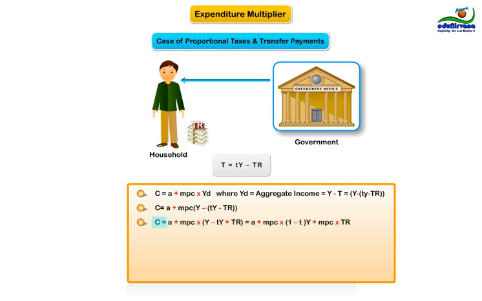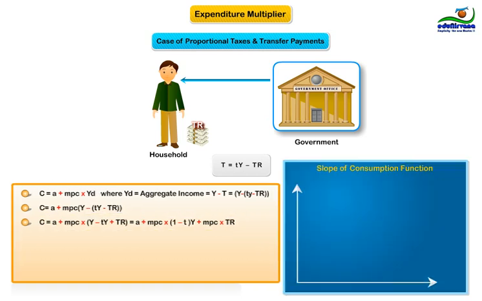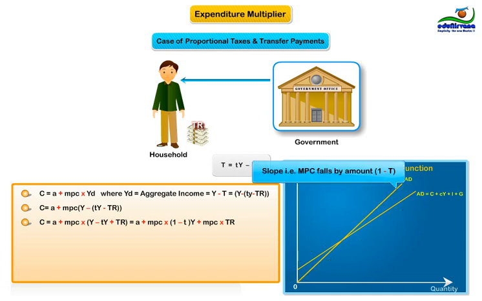C = A + MPC × (Y - tY + TR), which results in A + MPC × (1 - t) × Y + MPC × TR. We note that proportional taxes not only lower consumption at each level of income, but also lower the slope of the consumption function. The MPC out of income falls to MPC × (1 - t).